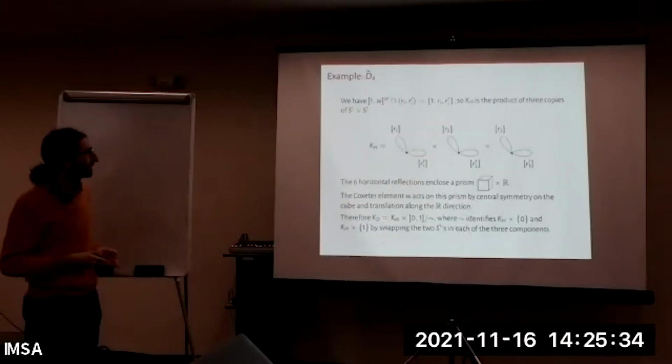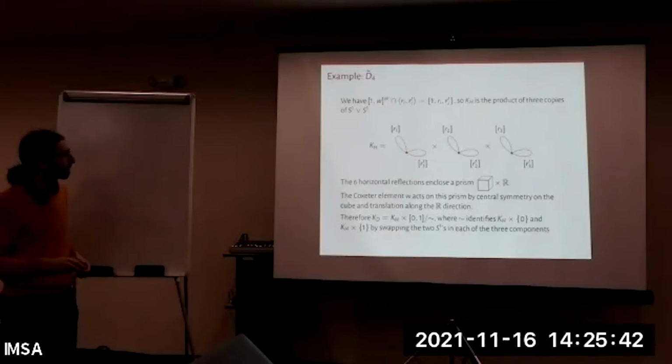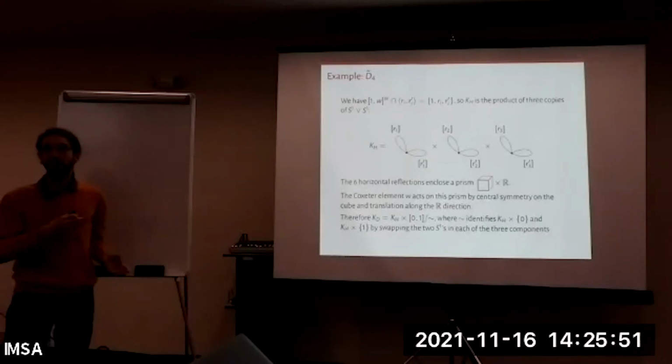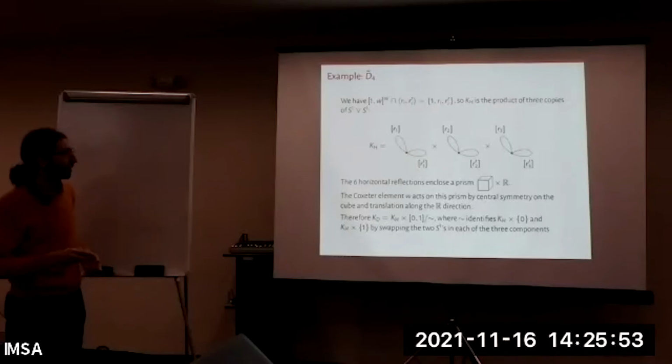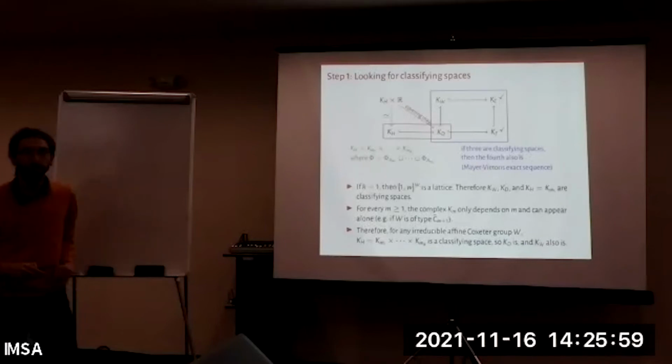And in fact, this complex here is a classifying space because it's a product of classifying spaces. So, for example, this is actually a proof that KW is a classifying space in the case D4 tilde, because we went all the way down to KH. So KH is a classifying space.